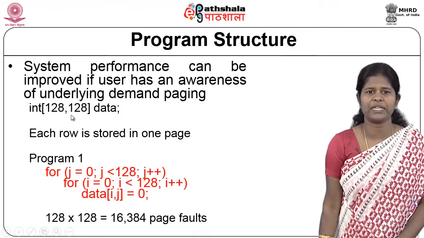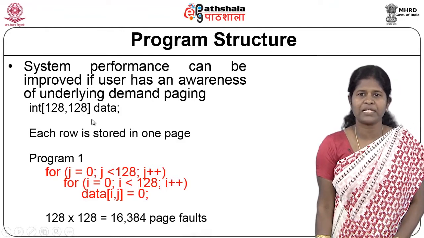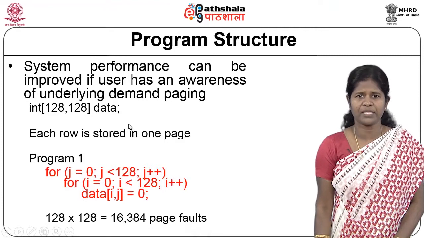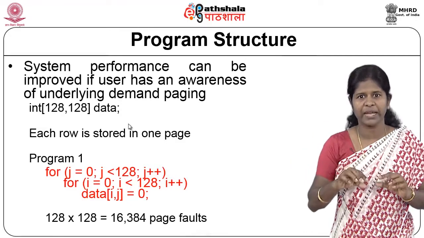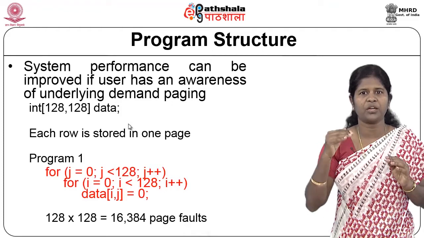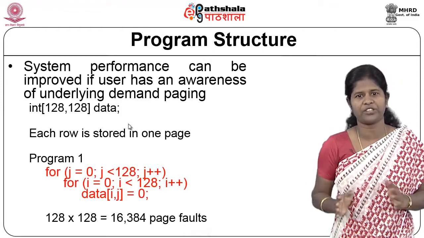So here it is a 128 by 128 byte array, and the size of the page is 128 bytes, and hence the first row of the array will be stored in the first page, the second row will be stored in the second page, and so on. So totally you need 128 pages to store this entire array.